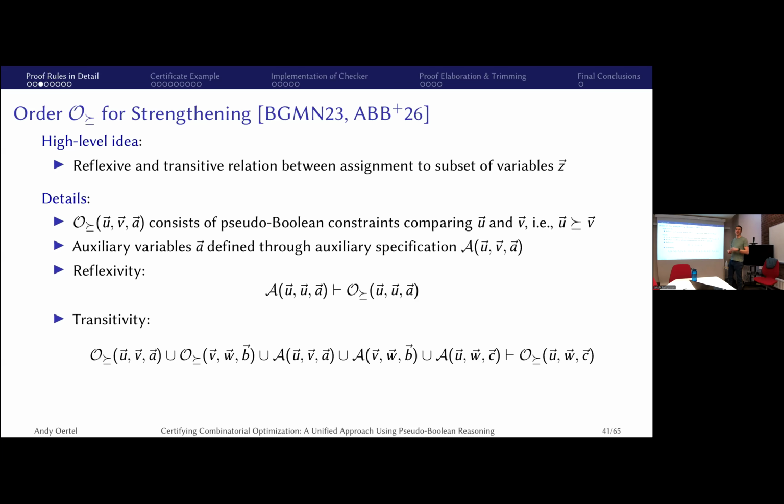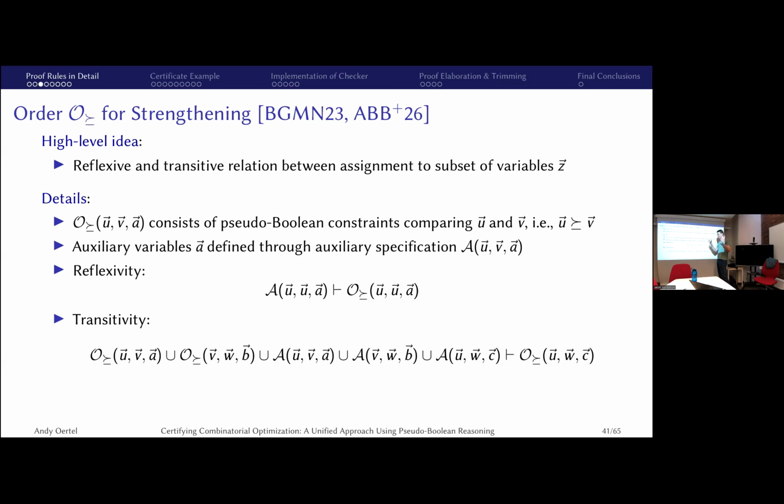In most cases you can ignore this set of constraints A and these variables A. You can trust they are set up correctly, and the proof system will take care that everything goes well with them. In most cases you can just ignore them, and these auxiliary variables are also not necessary.